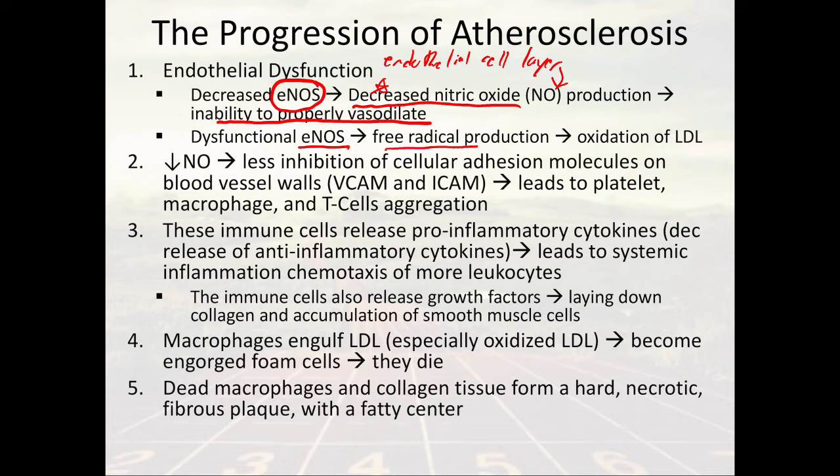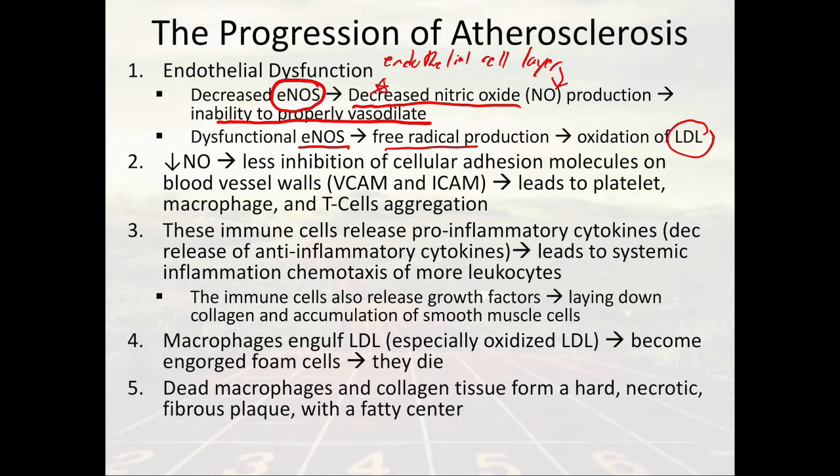Free radicals bind to lots of things and cause damage, but one of the things they bind to is LDL that's built up in our blood vessels, and they oxidize it, which would be pulling an electron off of it. That oxidation makes it look like a foreign invader in our tissues, and that causes our immune system to attack it, especially our macrophages. So that's an important chain of events there.